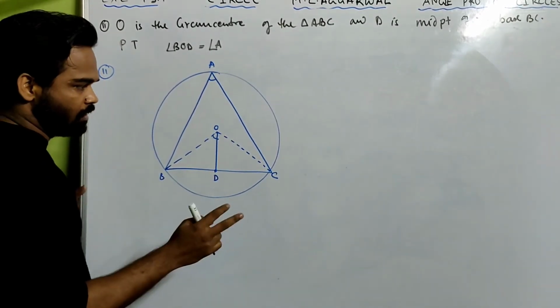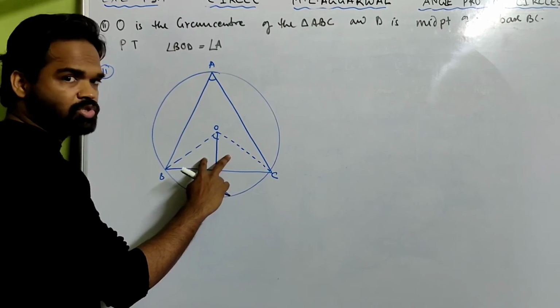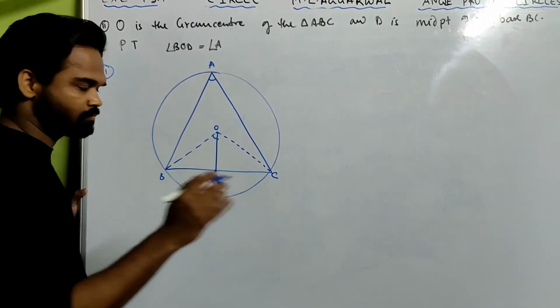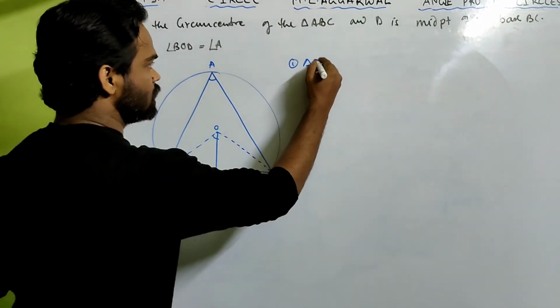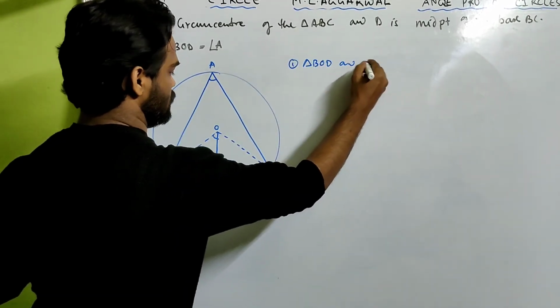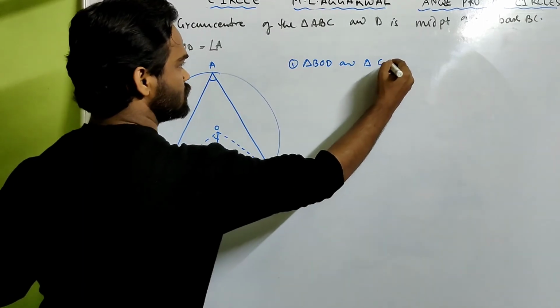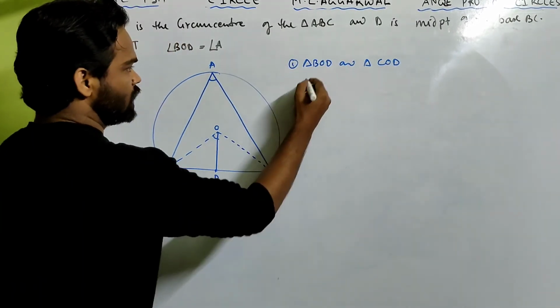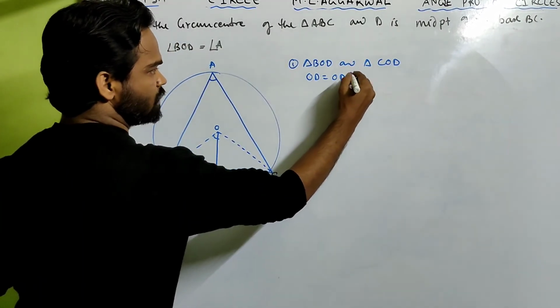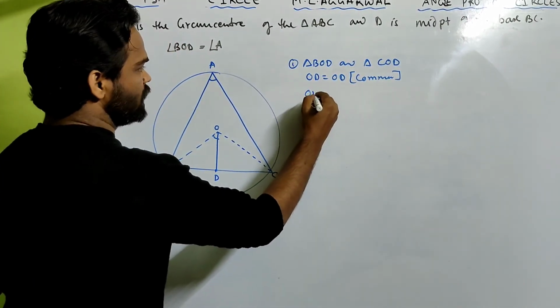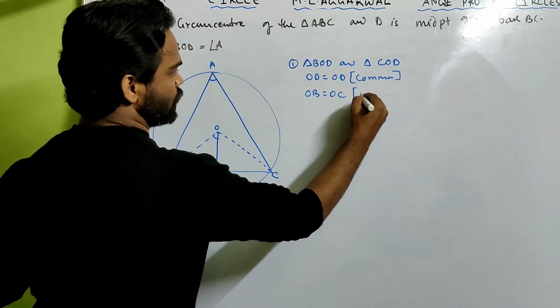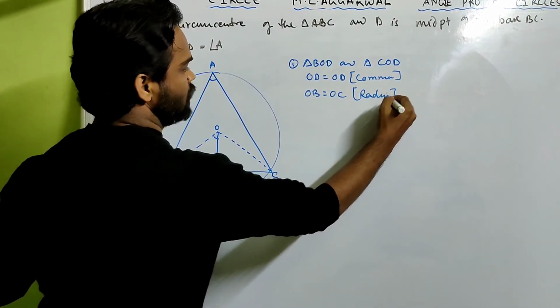Very easy. First of all, try to prove that these two triangles are congruent. Then our work is done. Look carefully. In triangle BOD and triangle COD, OD equals OD, that's common, isn't it? OB equals OC, that's the radius, has to be equal.